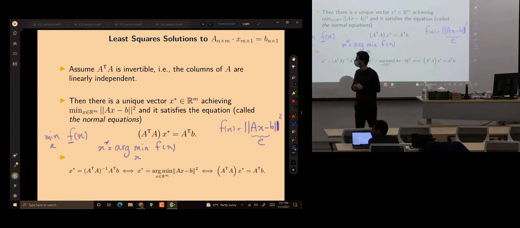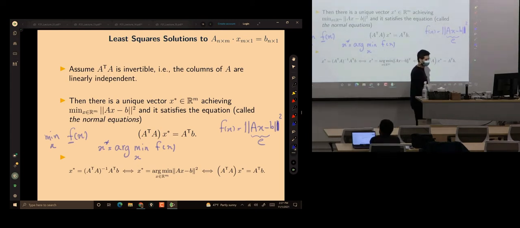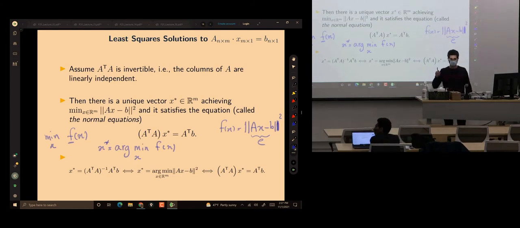So for a least squares solution, that would be x star? Yes, x star in this case is the least squares solution. Again, A times x star minus b won't be 0. However, A transpose A times x star minus A transpose b will be 0, right?